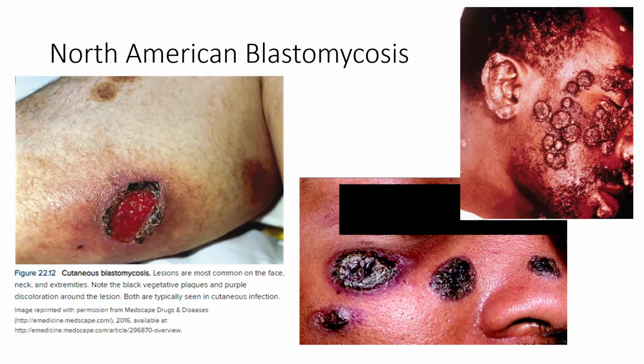And usually you'll see them on the face, neck, and hands, and what's typical of identifying this blastomycosis is that we have this purple ring around the tissue on the patients, but then you have this black plaque that forms around it. And so this is what's typical of these infections. So move on from this.